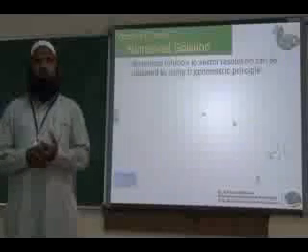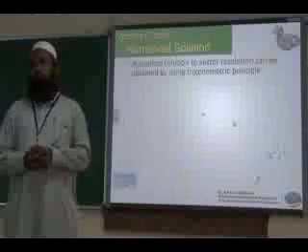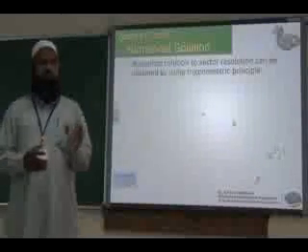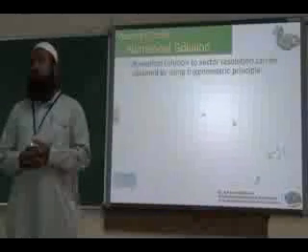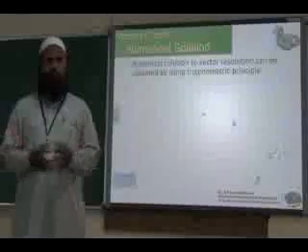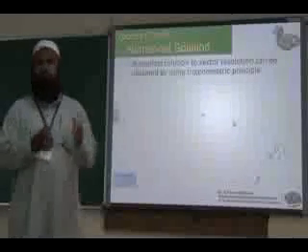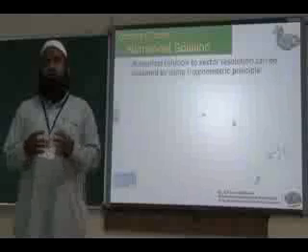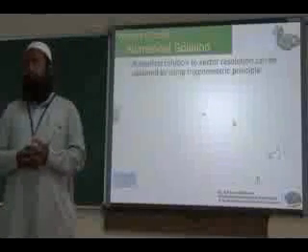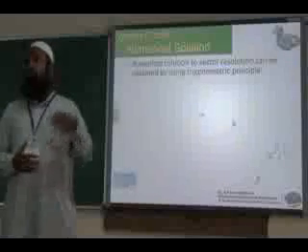Okay. But the graphical approach may not be accurate. The accuracy depends on how precisely you draw the lengths, the lines and all, and how accurate your instrument is. So the accuracy may vary. In order to avoid the situation, we can go for a numerical method.